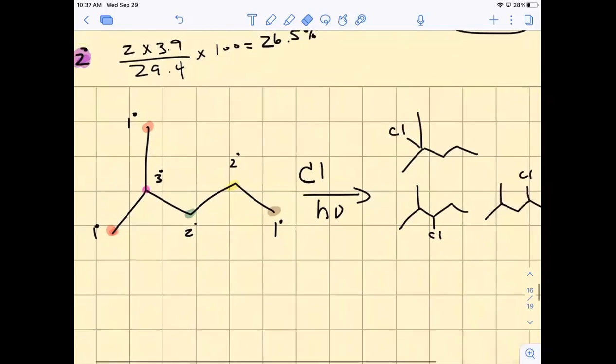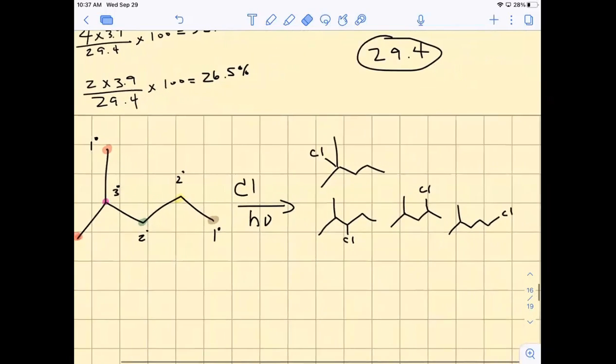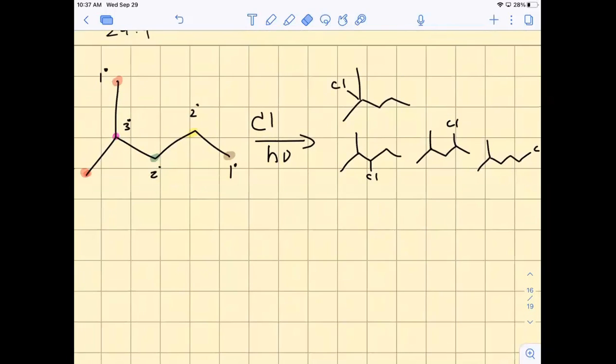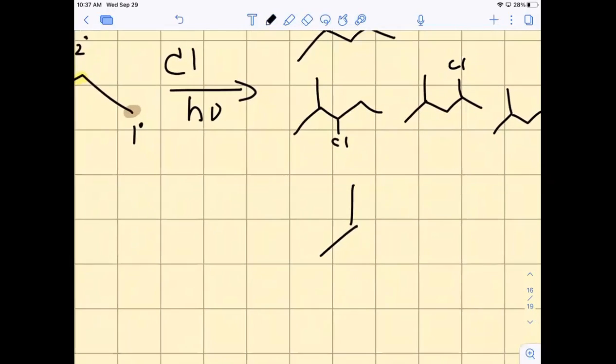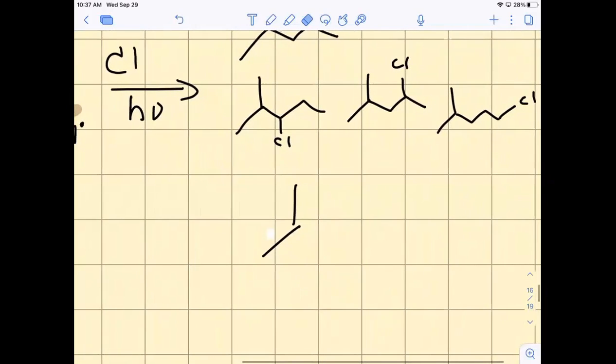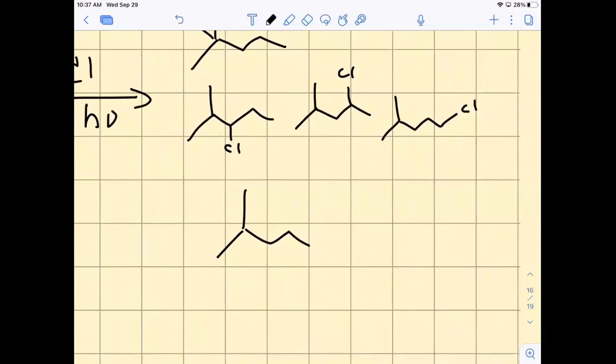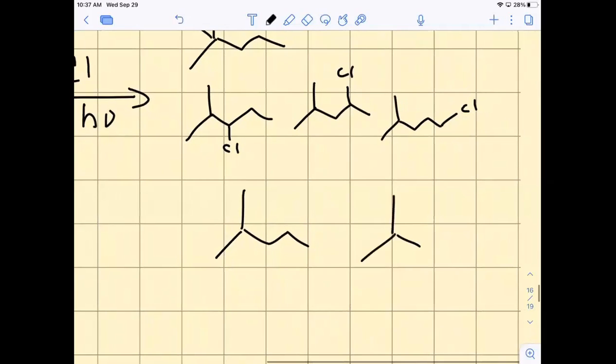All right, so let's do this. I forgot to put this other. I'm going to do these 2 products. I'm going to show both, even though you're only going to get one, but I'm showing it for the sake of talking about the isomerism. So one of these, I'm going to end up with a chlorine here. One, I'm going to end up here.